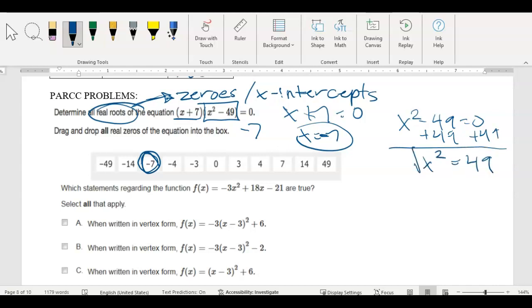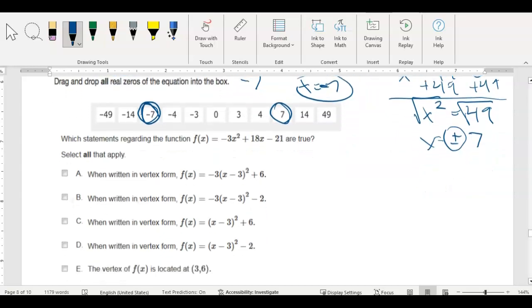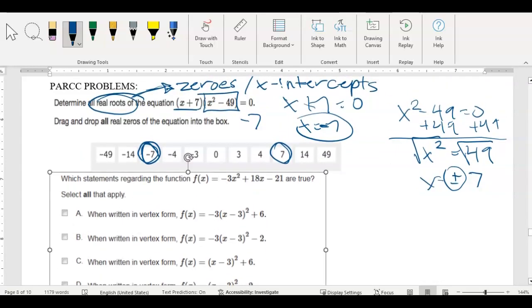Well, to get the square, I'm going to take the square root of both sides, and so x equals. What's interesting about this is it can equal both +7 or -7. We already have -7 over here, so it doesn't really matter, but we use this symbol plus or minus 7 to mean it could be plus or minus, positive or negative. So our other 7 would be another real root, or another 0 of the equation. All right, so that's the first one.